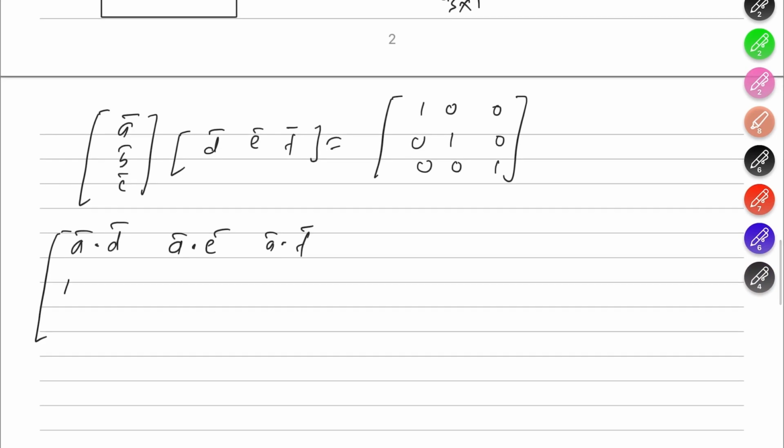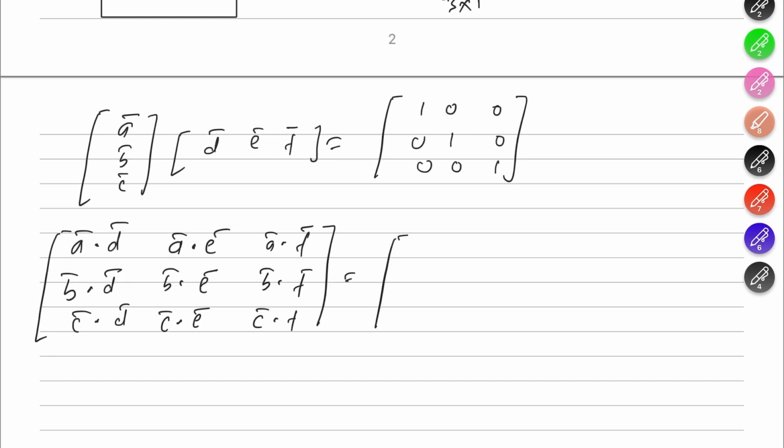Similarly, B dot D, B dot E, B dot F, C dot D, C dot E, and C dot F. This is the same as 1 0 0, 0 1 0, 0 0 1.